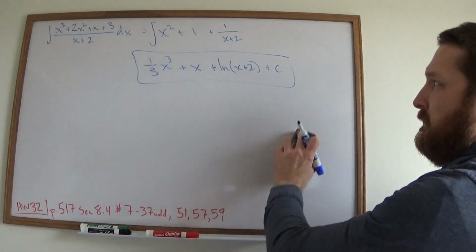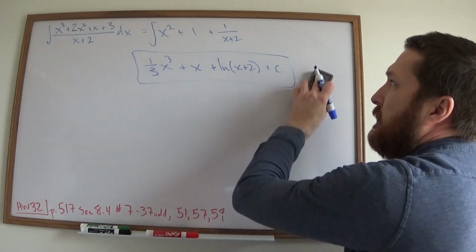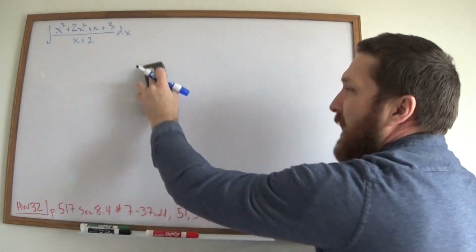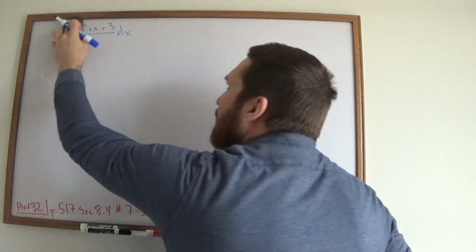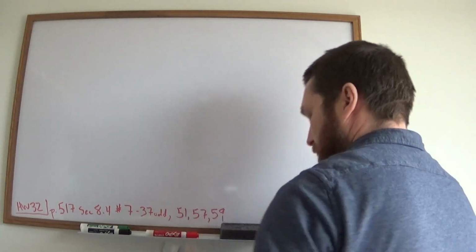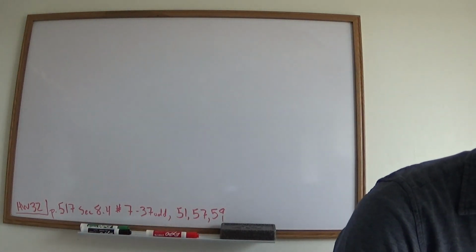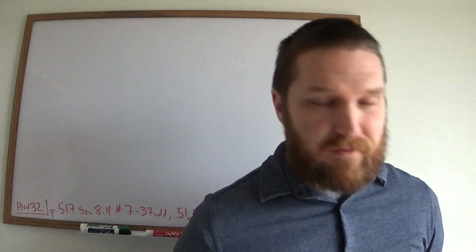Okay. So what we're going to focus on now is integrals of the form: a rational function where the degree of the bottom is bigger than the degree on the top. If it's one like we just saw, start with polynomial long division. Now, I'm going to skip all of the theory of this.